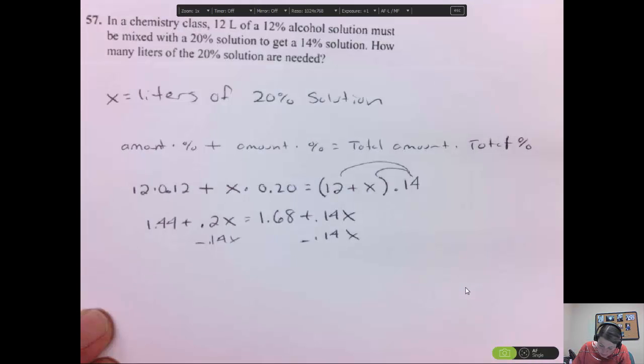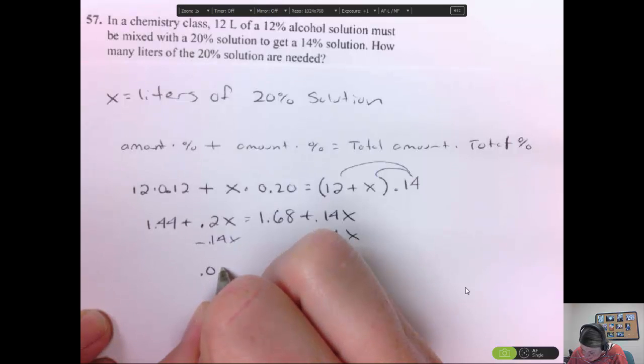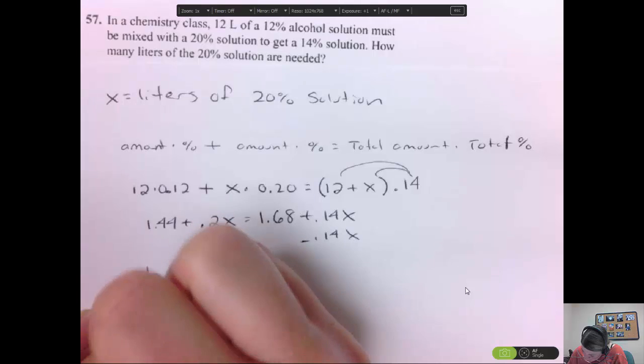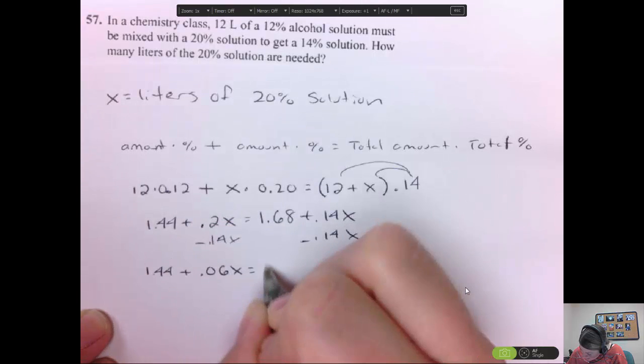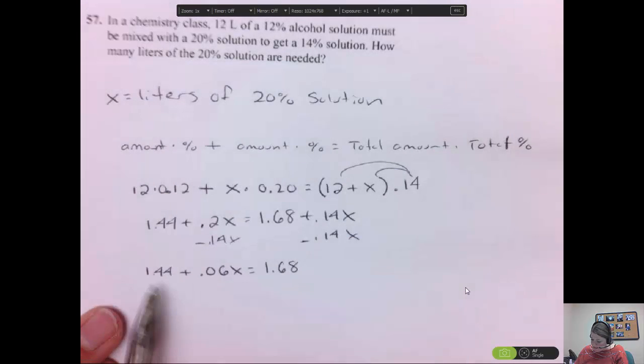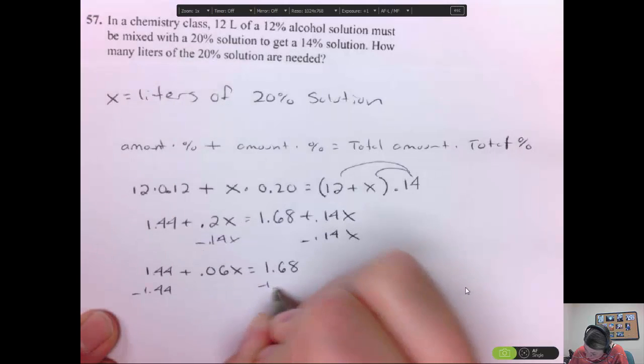So 0.2 minus 0.14 is going to give you 0.06. And I still have my 1.44 and I have my 1.68. So I moved over my x. Now I've got to subtract the 1.44 over to the other side also.